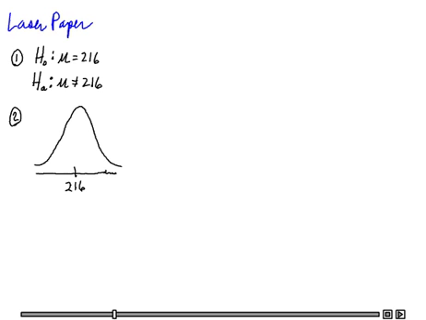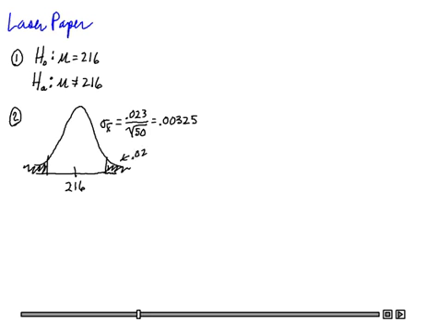The standard error: we have the population standard deviation, so we will calculate this as 0.023 over the square root of our sample size of 50, and we get 0.00325.